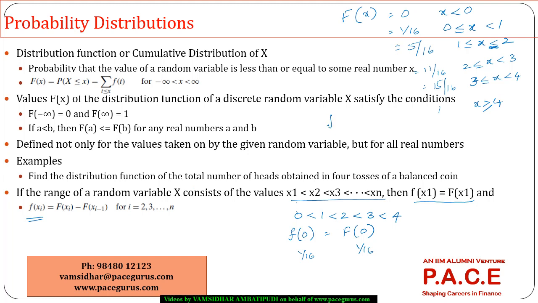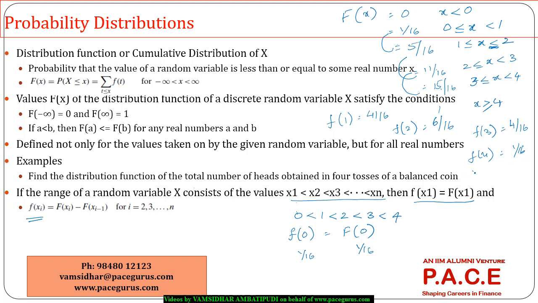I get f(1) as 5 by 16 minus 1 by 16, which is 4 by 16. I get f(2) as 11 by 16 minus 5 by 16, which is 6 by 16. For f(3), the probability that it takes an individual value, 15 by 16 minus 11 by 16, making it 4 by 16, and f(4) I get as 1 by 16.